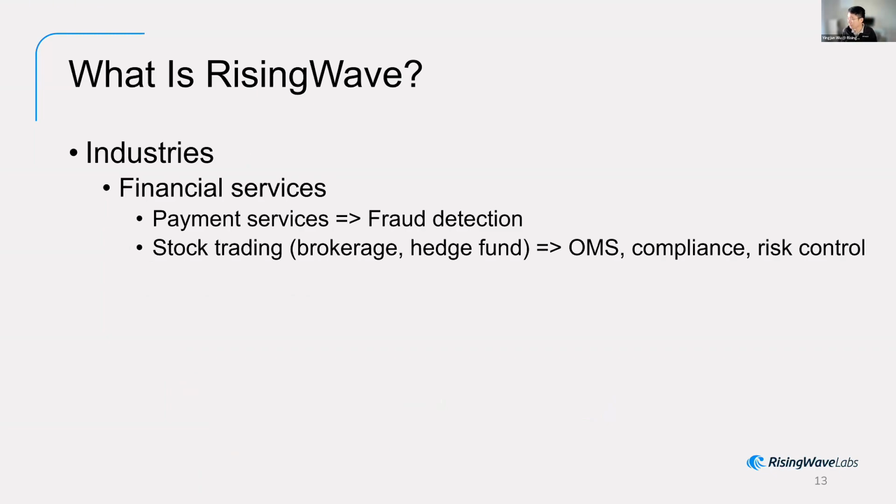For how many transactions have been made by a single credit card? If a single credit card issues, let's say, 100 transactions within the last 5 minutes, then potentially it could be a fraud, right? We have to identify this kind of fraud.